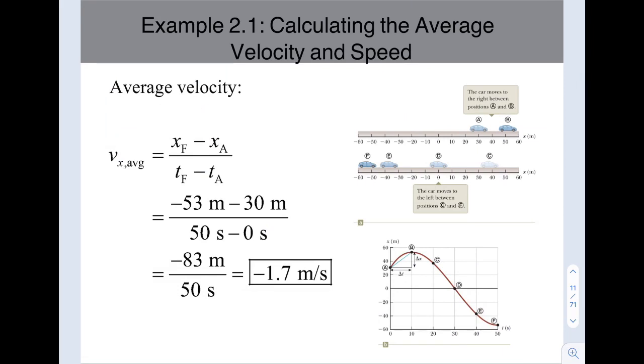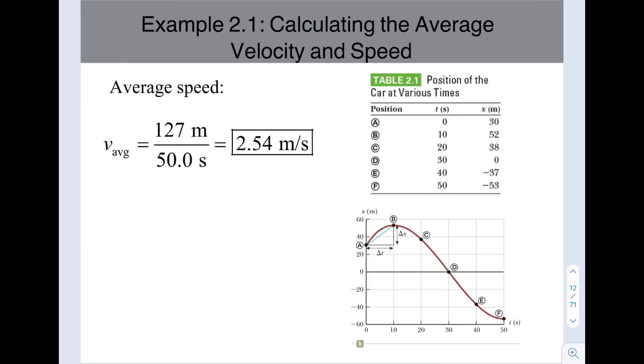Now velocity. Substitute x final minus x initial, which is negative 83 just now, over the time taken. You will get the V average, whose magnitude is negative 1.7 meters per second. What does that mean by negative? It's to the left.